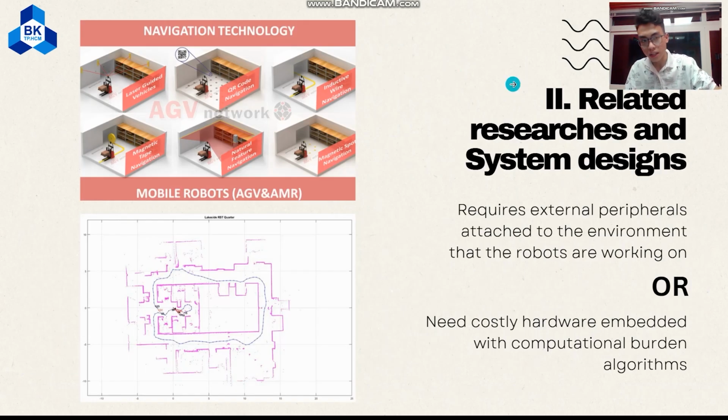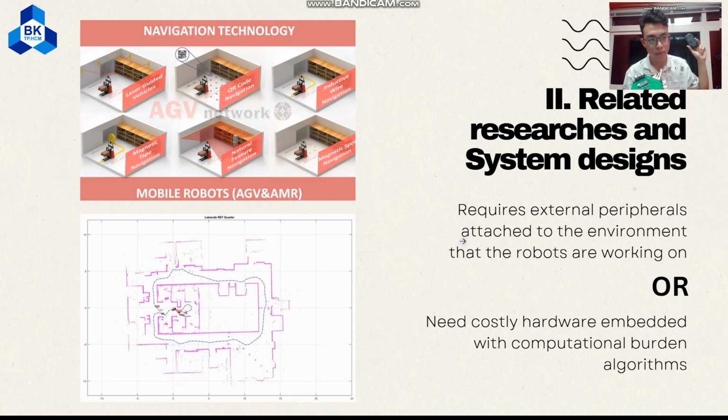Before talking about the motion, we have to talk about the navigation technology, because nowadays there are two trends of research. The first one is by using external peripherals or devices. Because each robot, when they want to move in formation with each other, has to determine their current location in 3D or 2D space.